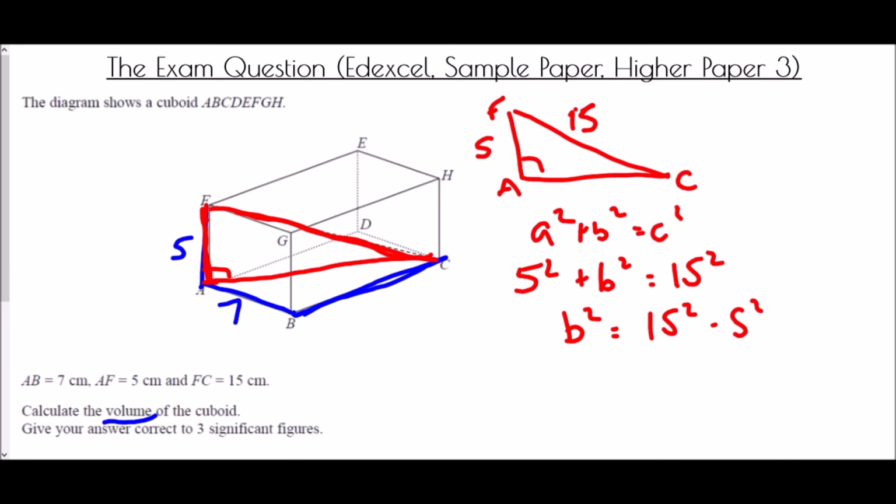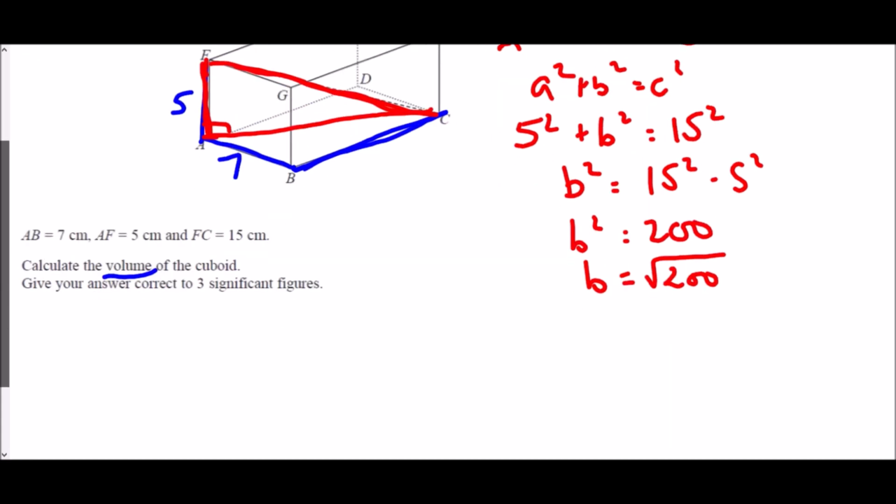And 15 squared is 225. 5 squared is 25. So b squared is 200. And so b equals the square root of 200. And actually, I'm just going to leave it as that for this moment, because I can use square root of 200 in my calculator when I come onto it. Because what I need to find is BC. So I need to think about a blue right angle triangle.